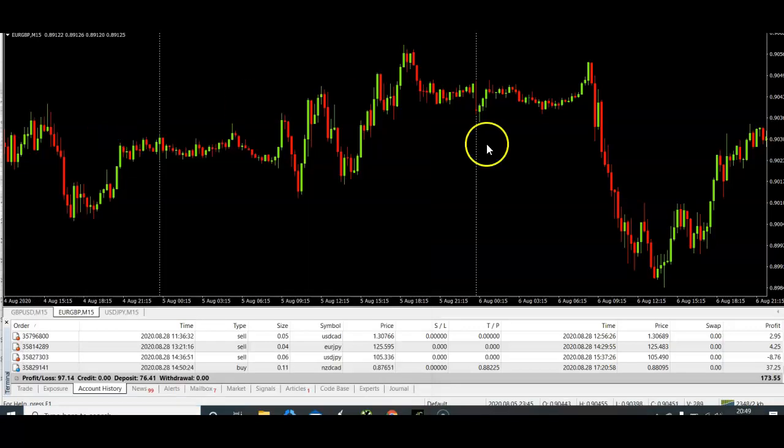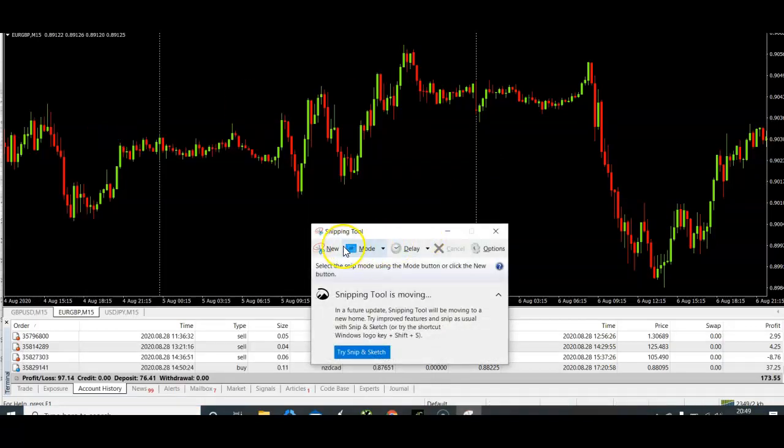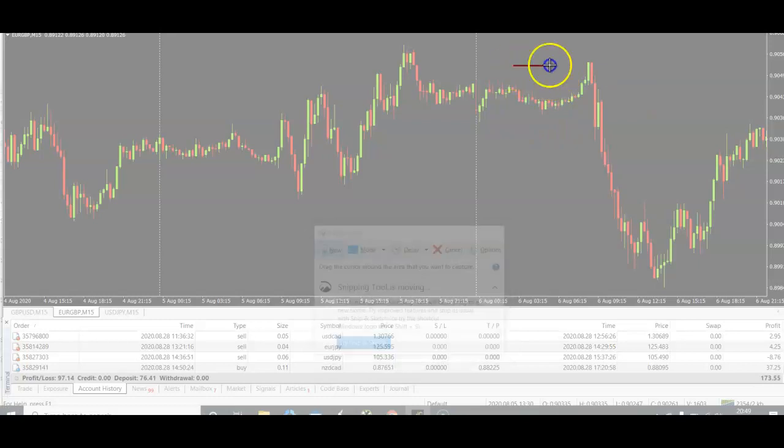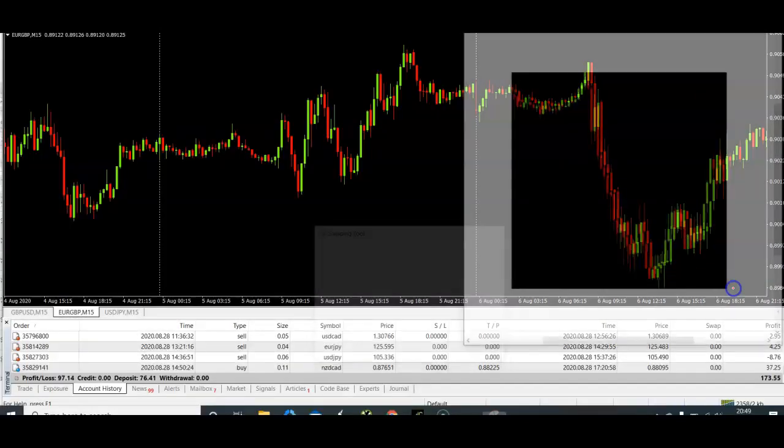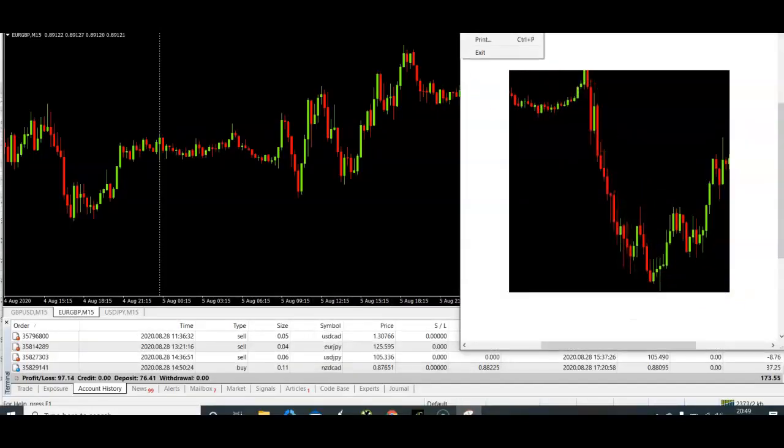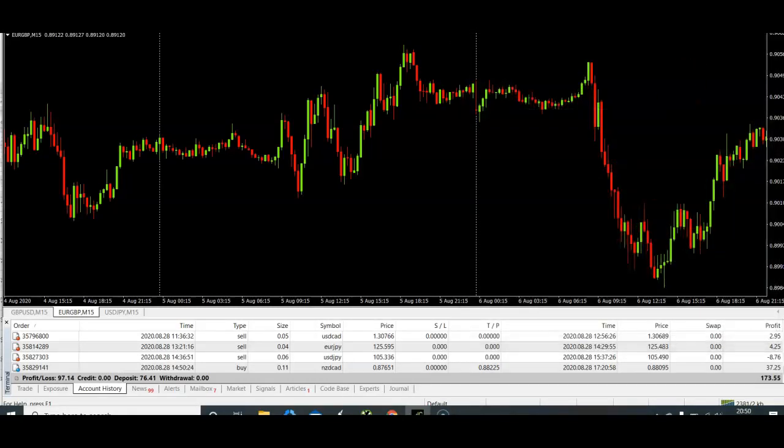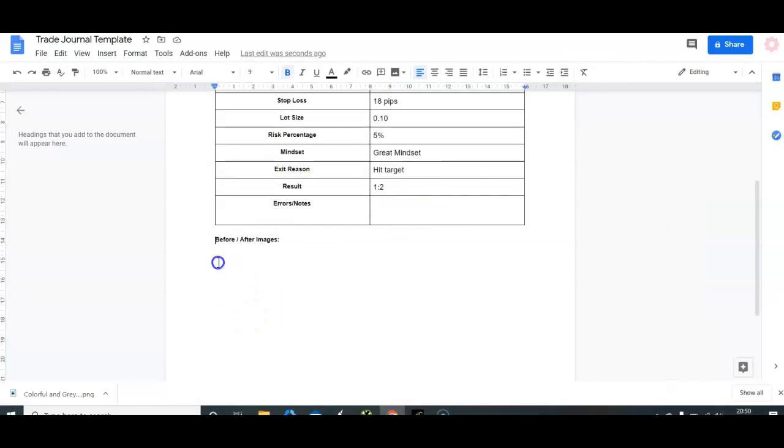And if you're not posh enough to have the snipping tool, I've only recently got this, then you can utilize the print screen and then paste it into Paint and just crop it from there. But the snipping tool allows you just to create a section like that, and then you can just click File, Save As, save it as an image in your documents, and then you can obviously just come over to here and insert that into the file here.